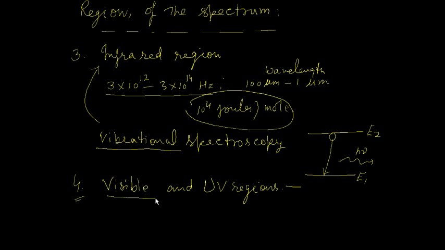This is the fourth region in the spectrum, the visible or ultraviolet region, and the frequency range is of the order 3 into 10 raised power 14 to 16 hertz, and the wavelength is of the order of 1 micrometer to 10 nanometer.